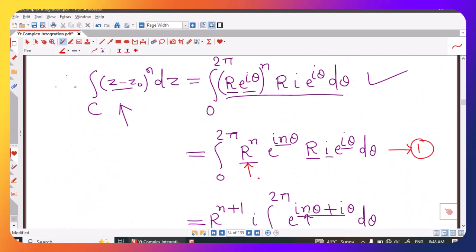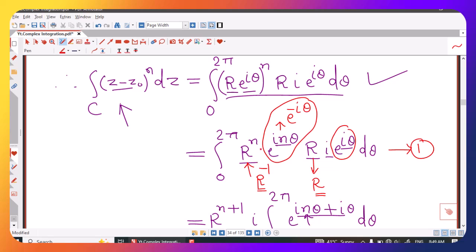So this is going to be r to the power -1, and this r is already there. This is going to be e to the power minus i theta, and I have e raised to i theta here, so I can combine these two, I can multiply these two.